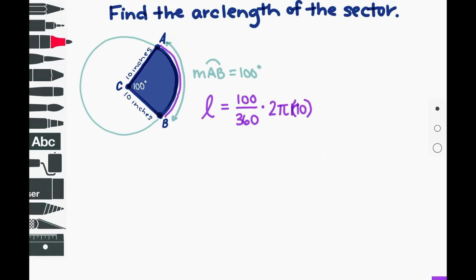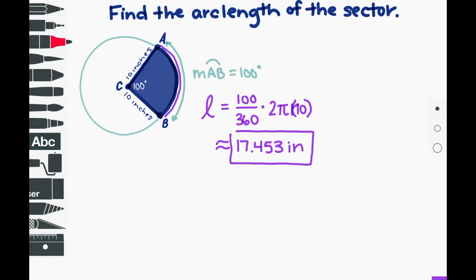So we're going to take 100 over 360 times 2 times pi times 10. Make sure you're using the pi button on your calculator. We don't need any extra rounding errors. We're going to have to round all of these. This one's coming out for me to 17.453. And since that's a length, that would be in inches.